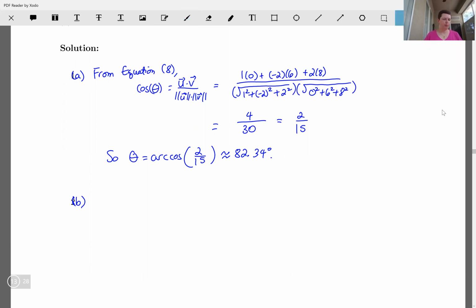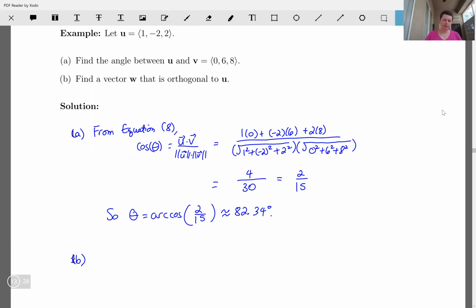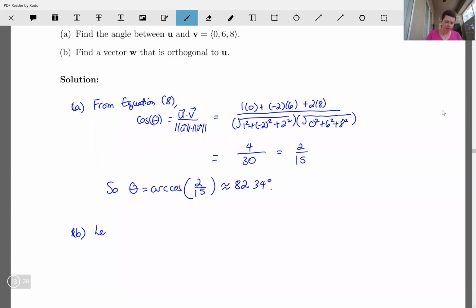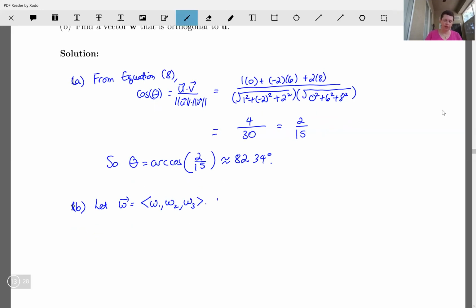Okay, second problem. We want to find a vector w that's orthogonal to u. Okay, so let's let w just be something we have no clue about, which is pretty easy to do because we have no clue. So we have w1, w2, w3, and we need the dot product of u with w to equal 0.